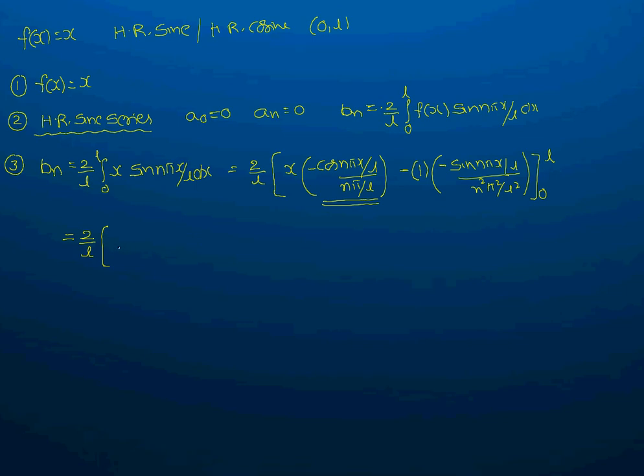So that means L into minus cos n pi. Cos n pi means minus 1 whole power n.